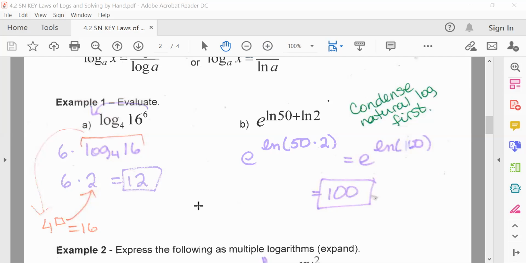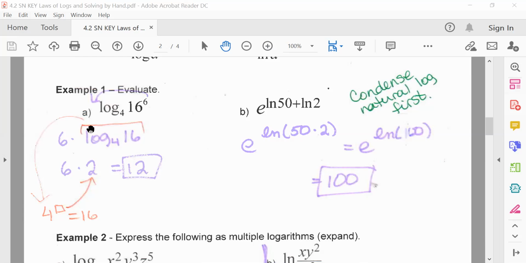It's the number that expression is equivalent to. Okay, so part A says log base 4 of 16 to the power of 6. From those properties, this power of 6 comes out to be a multiplier. So we have 6 times log base 4 of 16. Now we need to find log base 4 of 16. Come off here to the side, drop and cross.